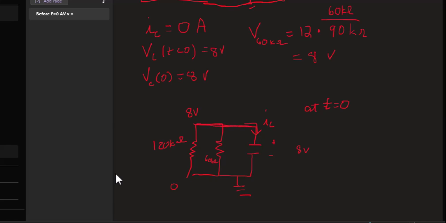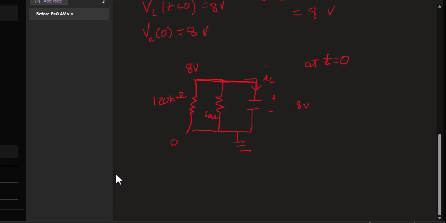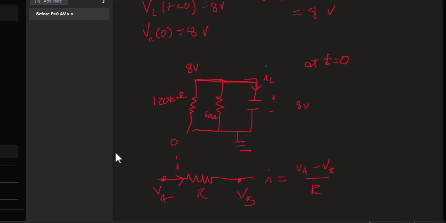Now, the way you find the current through a resistor, if I have a resistor and I have a voltage here of VA and a voltage here of VB, and I'm trying to find the current going in that direction, that current is VA minus VB over R, and that's just Ohm's law.